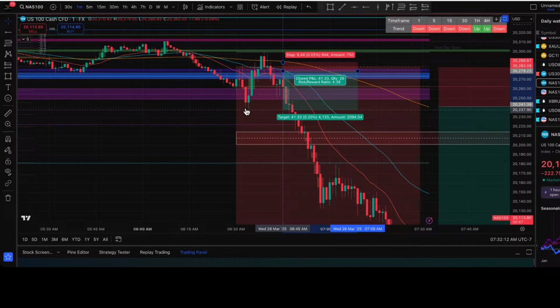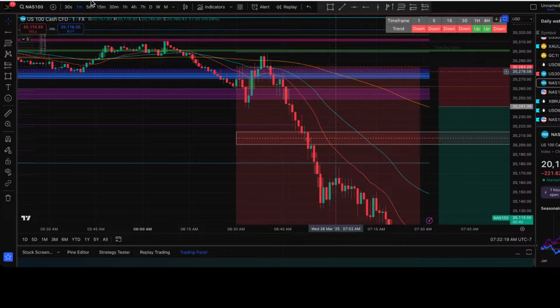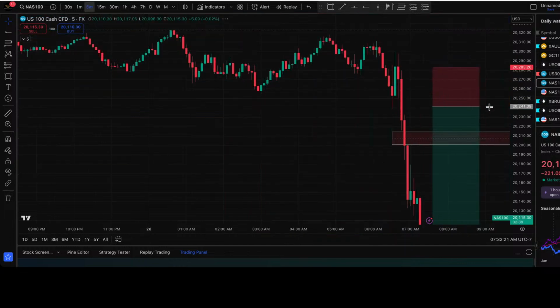Right into these lows. 1 to 4. Done for the day. Now let's go back up to the 5M.